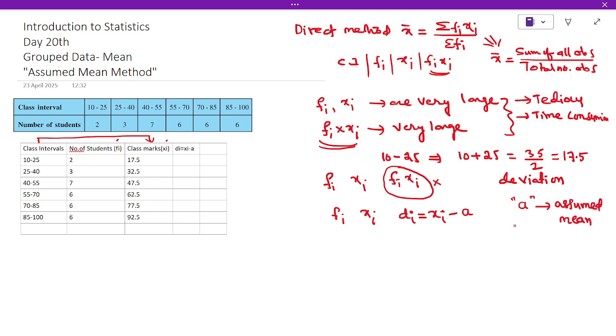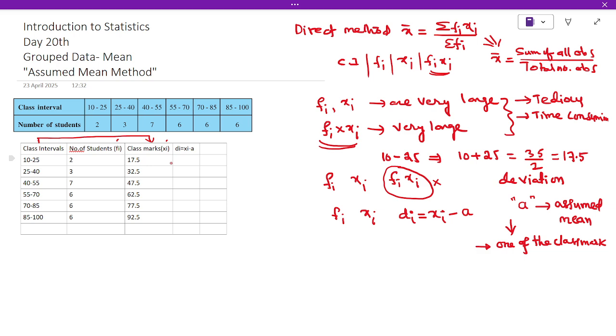This assumed mean comes from one of the class marks, right? Now the second question you might be getting is, which class mark should I consider as a? Because this a will remain constant for each class interval, right?